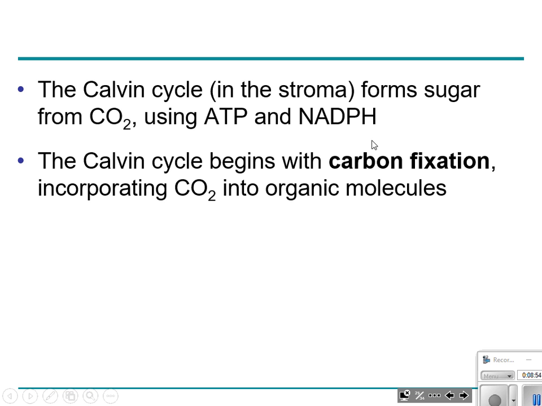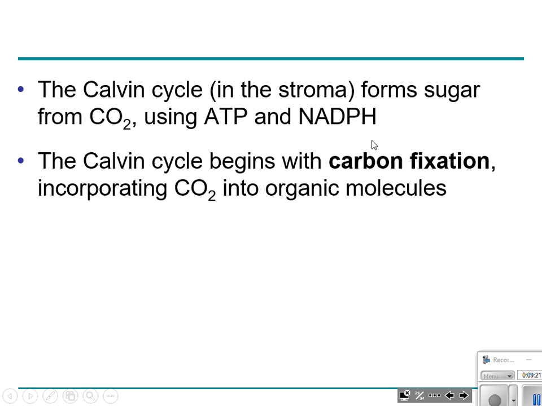Now, the carbon cycle begins with carbon fixation, incorporating carbon dioxide into organic molecules. Okay? We said that during photosynthesis, during that equation up at the top of the page, we need water, we need carbon dioxide, and we need light, right?